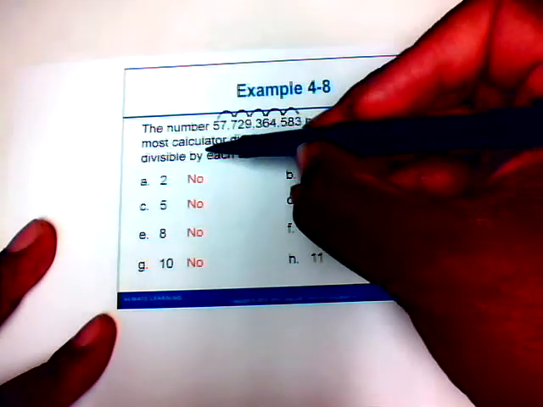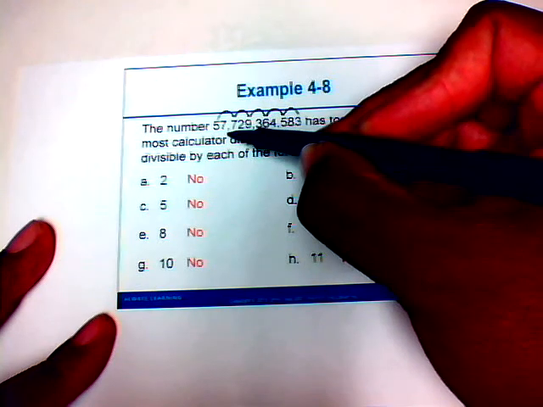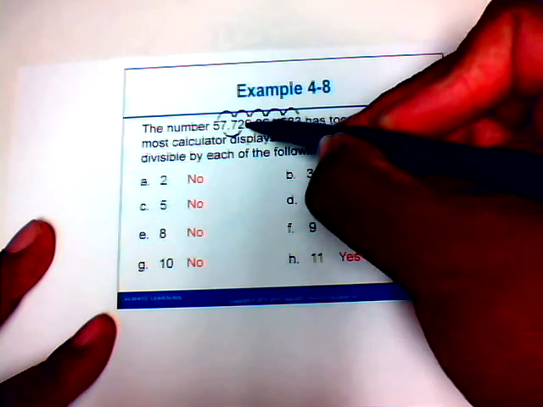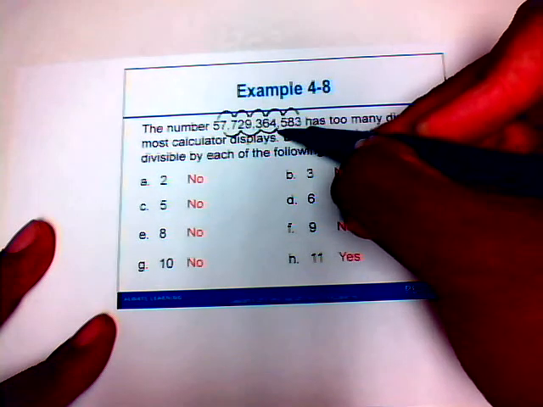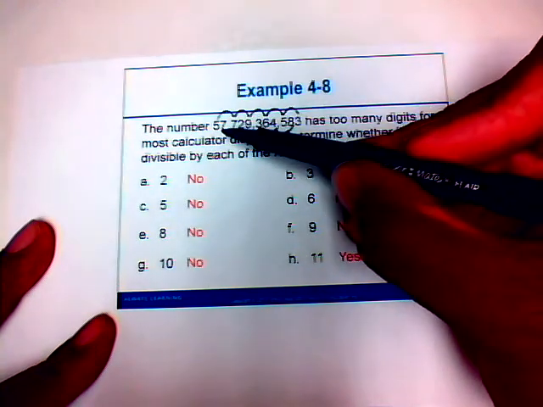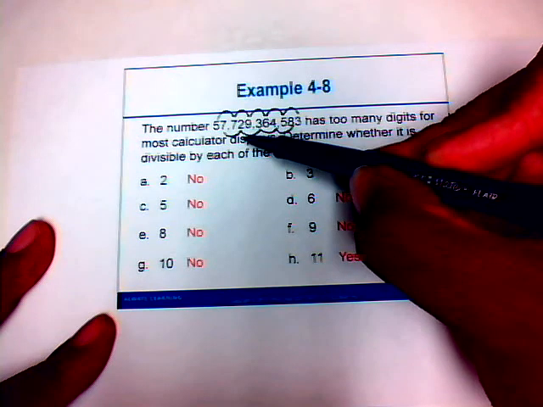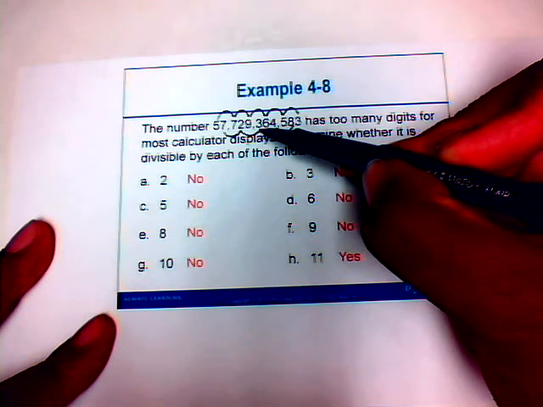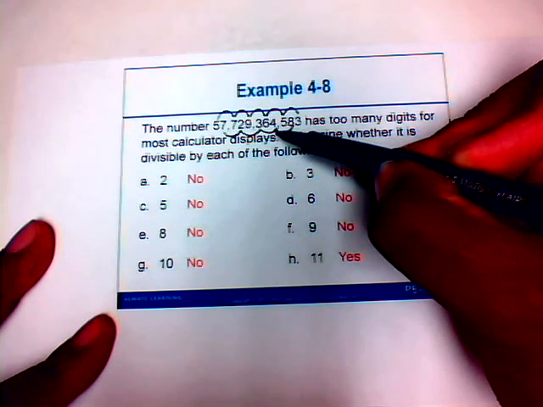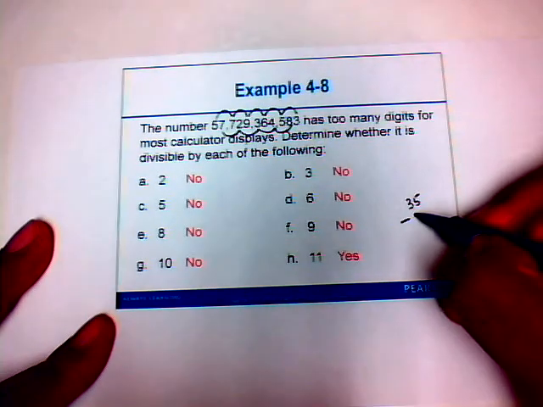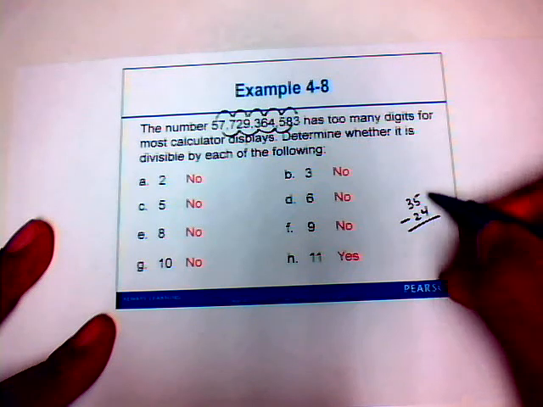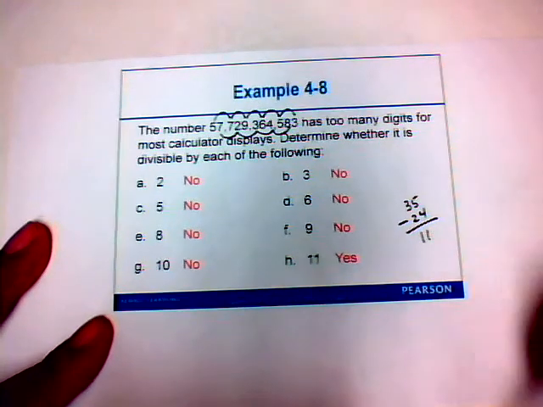And I'm going to minus the remaining digits here. The 7, the 2, the 3, the 4, and the 8. 7 plus 2 is 9, plus 3 is 12, plus 4 is 16, 16 plus 8 is 24. Subtract 24 from 35, you're going to get 11.